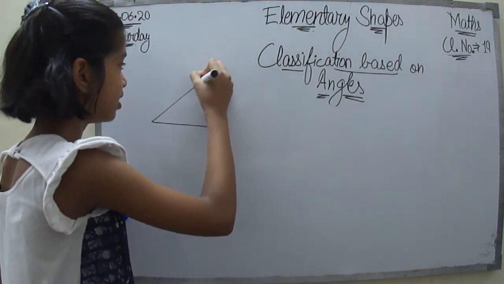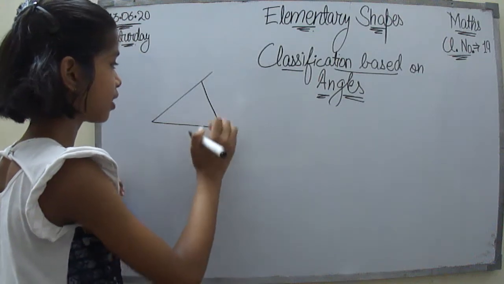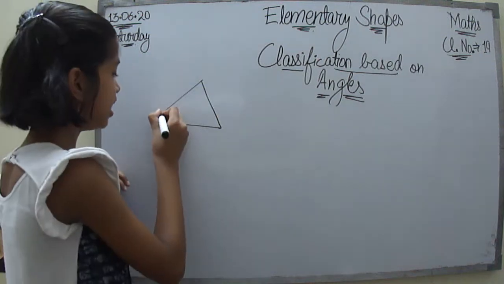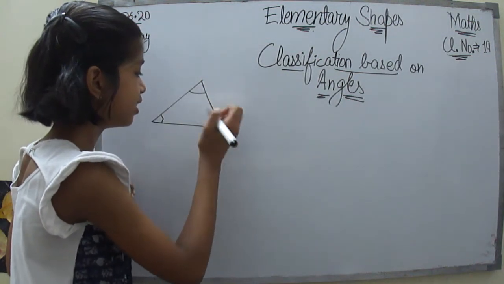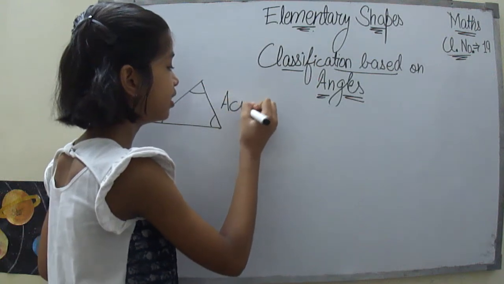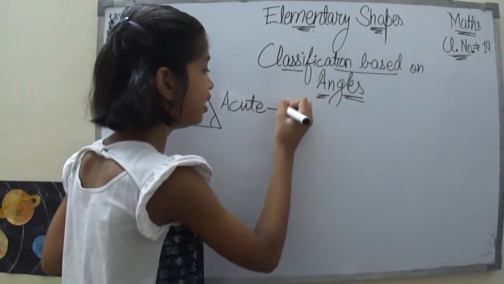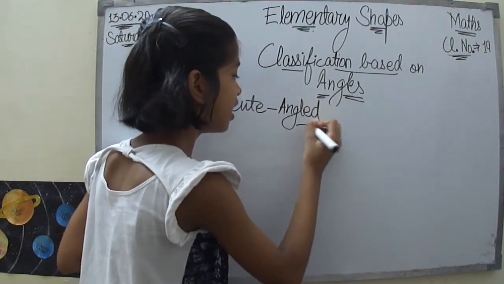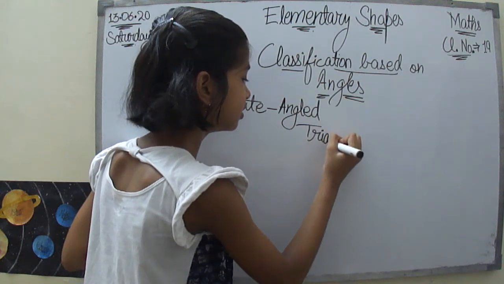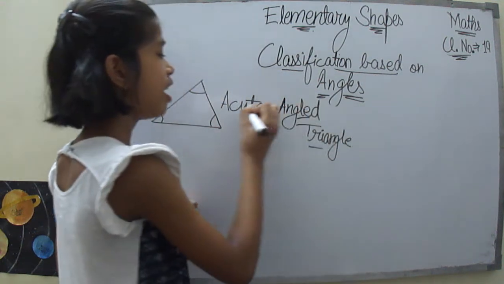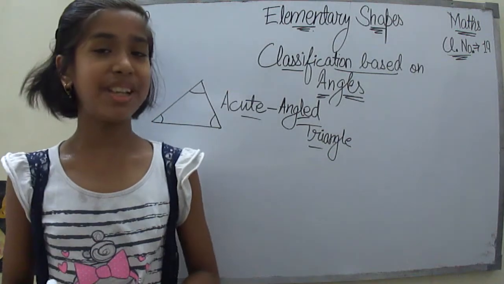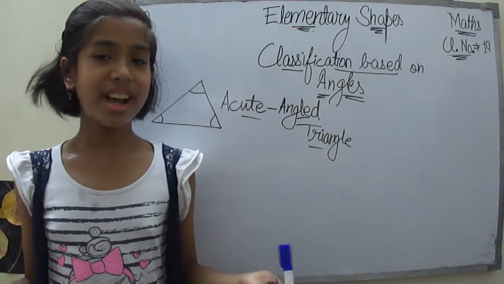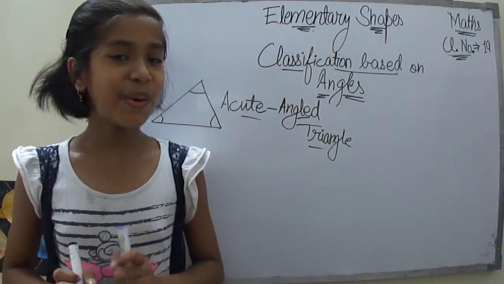This is known as an acute angled triangle. Now it is a very simple name, right? The triangle with acute angles is known as an acute angle triangle. Very simple.